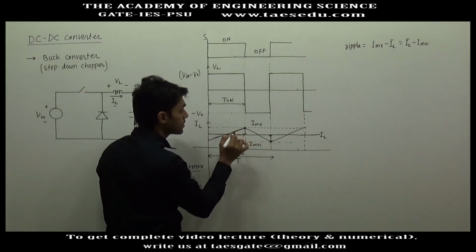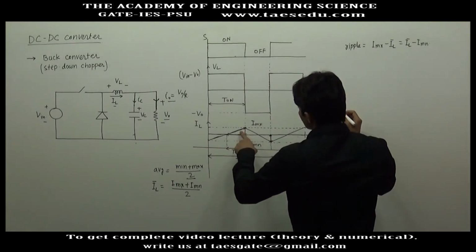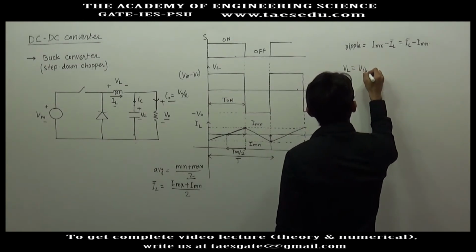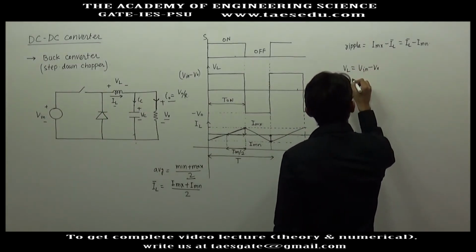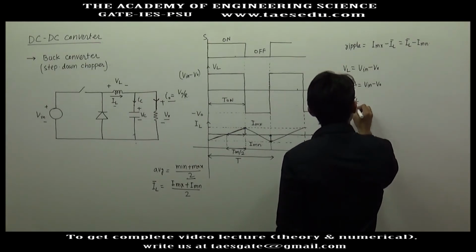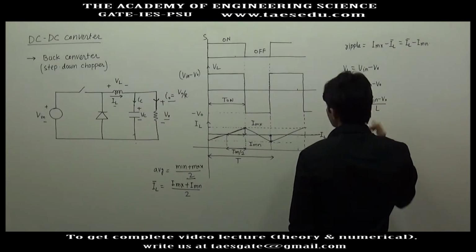What is the slope here? In this region, inductor voltage is V in minus V naught. So dIL by dt is V in minus V naught divided by L, and that is the slope.